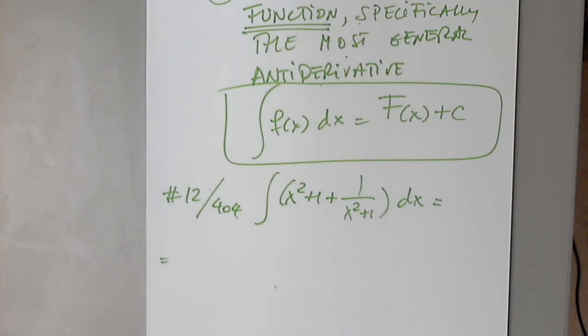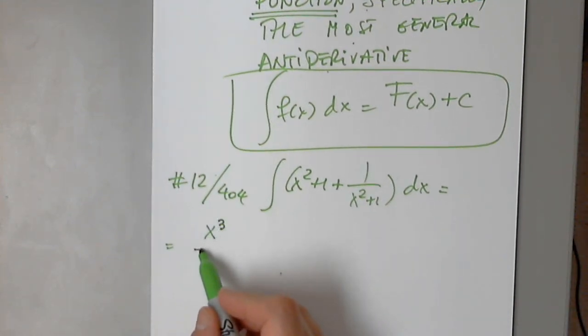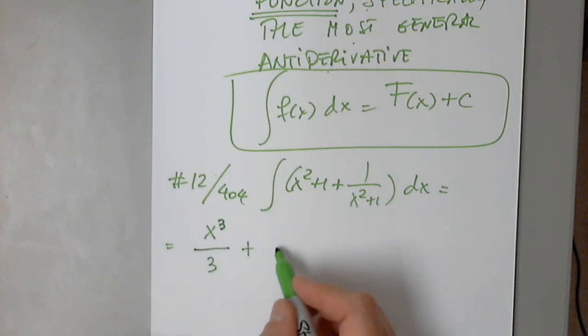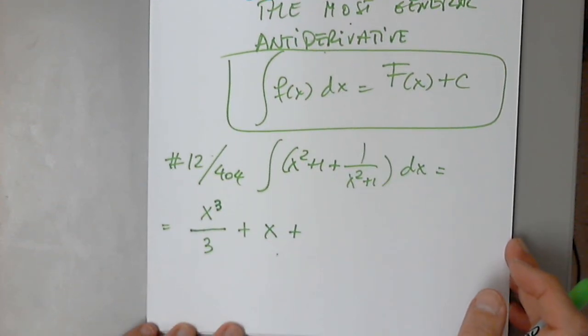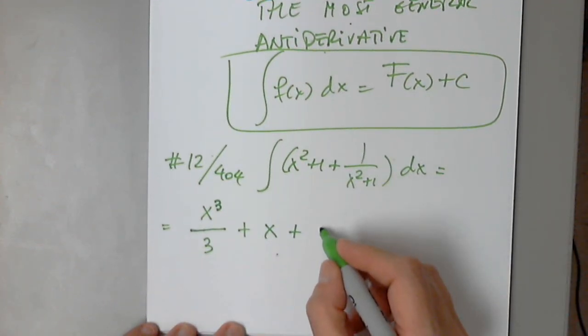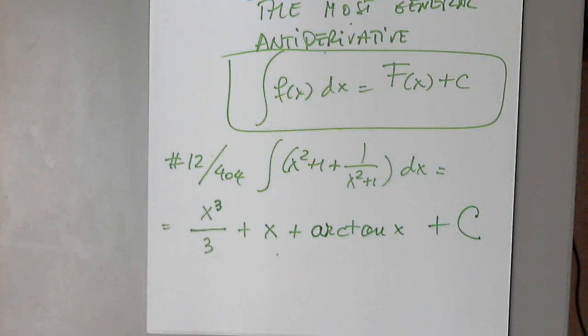Which function has derivative x squared? Plus, which function has derivative 1? Plus, which function has derivative 1 over x squared plus 1? Very good. Plus a constant c. That's it.